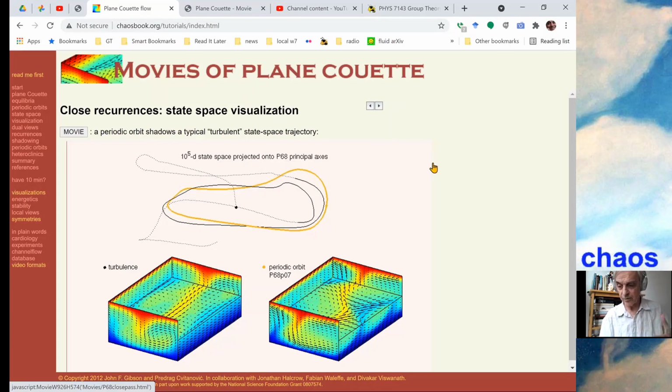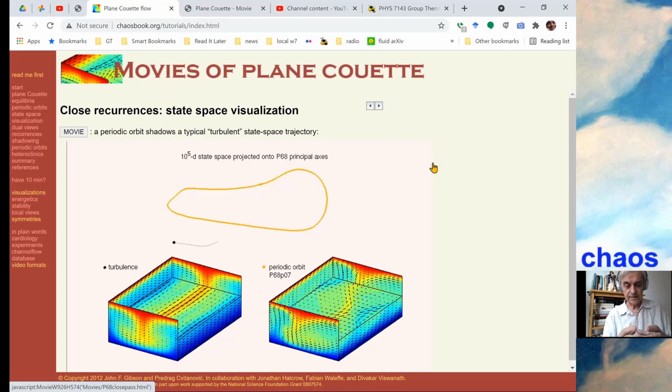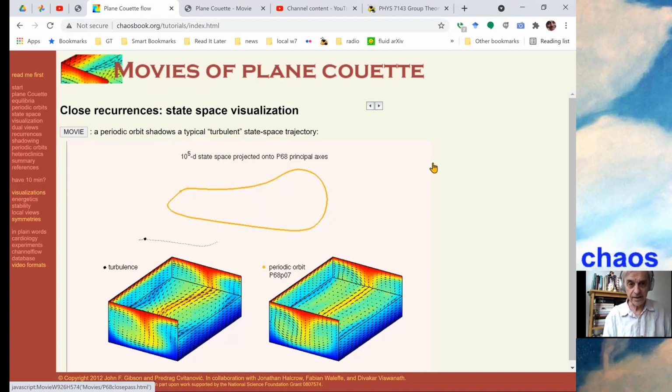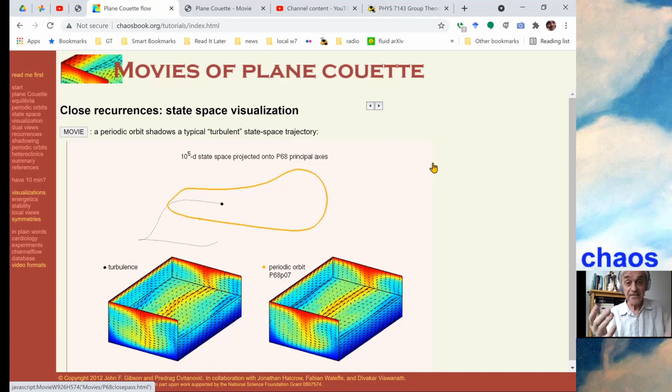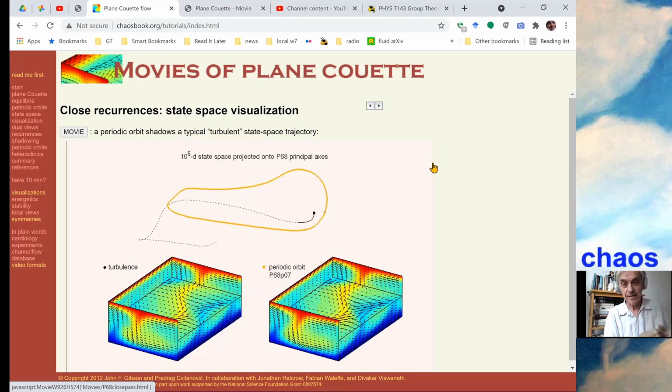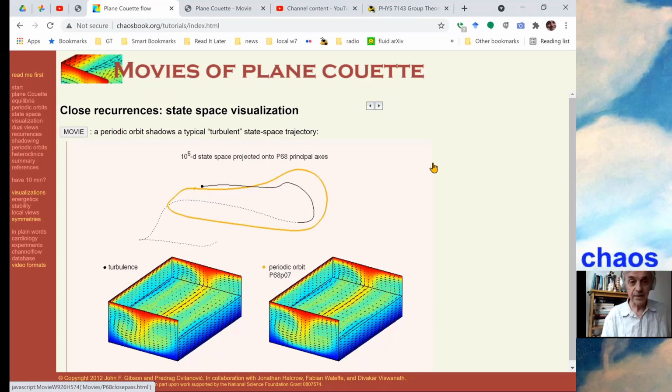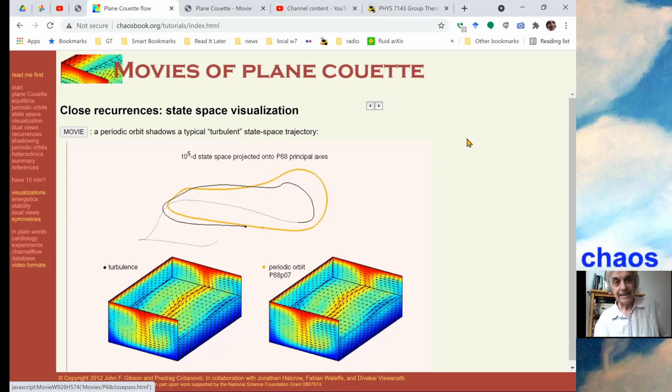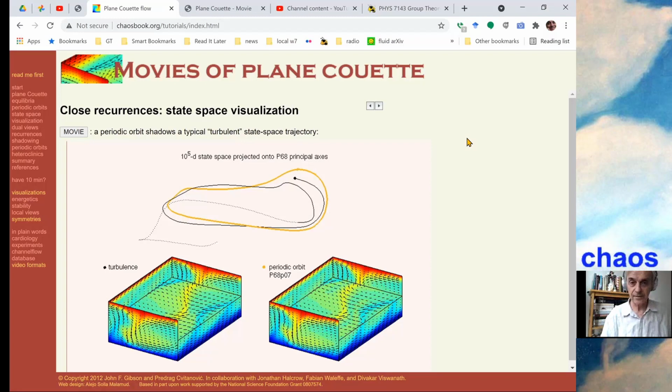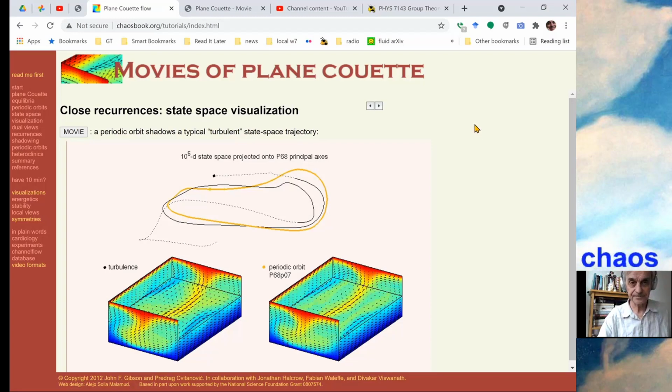So I told you that when we looked at subcritical Hopf bifurcation, there was this weird unstable periodic solution that you think you don't see, but that's not true. Turbulent systems explore neighborhoods of periodic solutions, and you can use them to describe this.